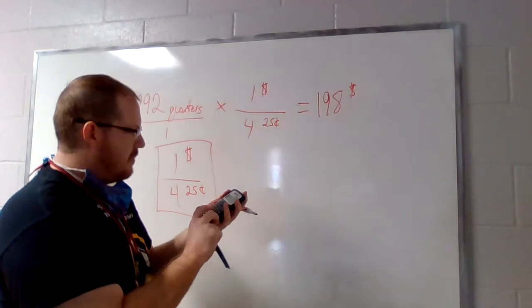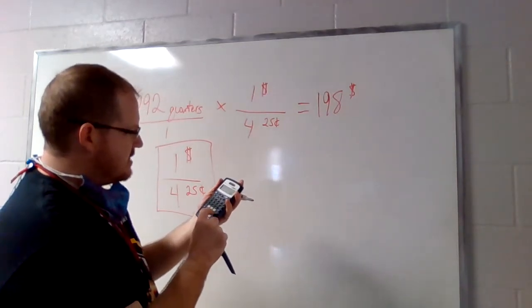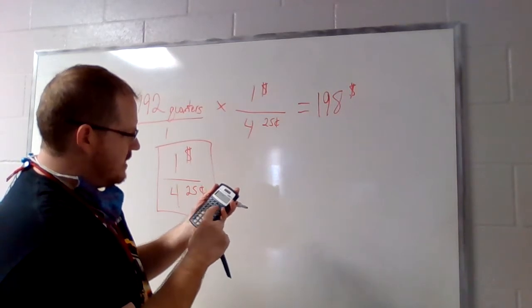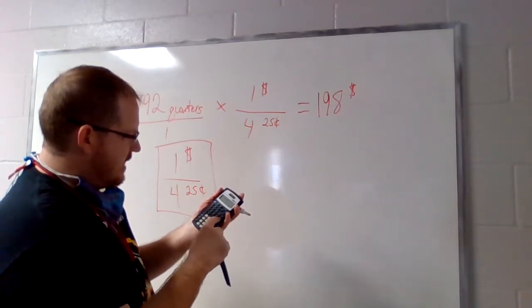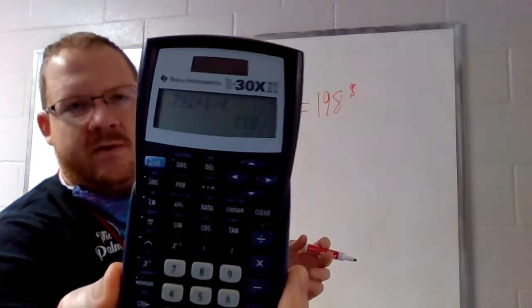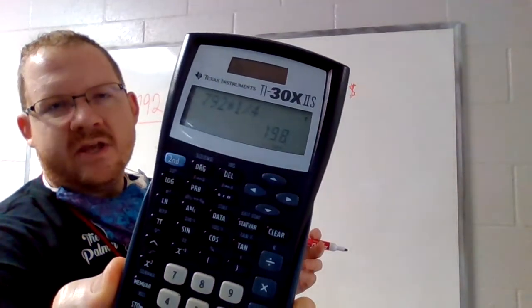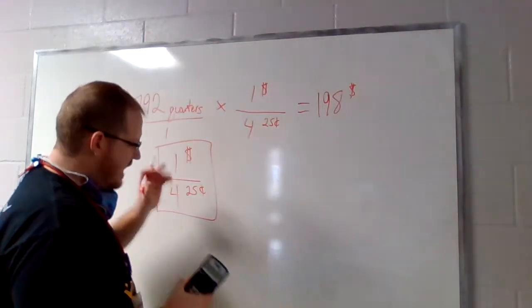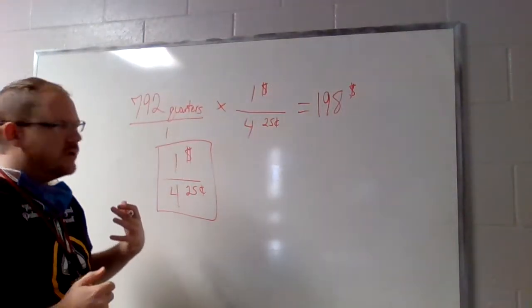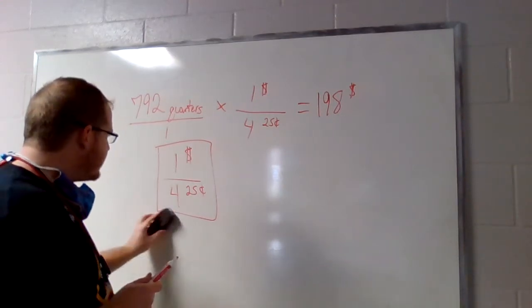792 divided by 4. I would have gotten the same thing if I multiplied by 1, but multiplying by 1 is not going to change anything. So I could have done 792 times 1 and then divide by 4, and I still would have gotten 198. And so this is how we're going to kind of set up these problems and see if we can get to a number of moles that makes sense.